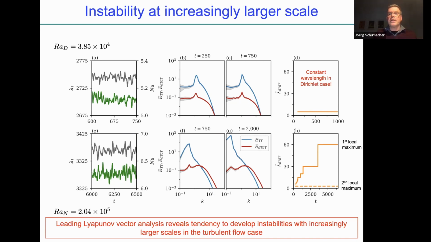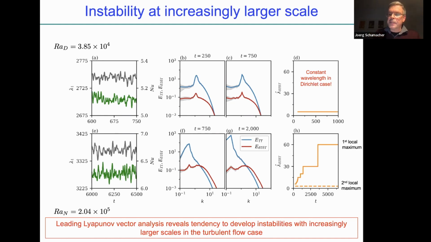If we would take a box that is twice as large as the one that we could use, then we would have to wait longer, but eventually we would reach again a system which consists of these two hot and cold spots. So what is it?